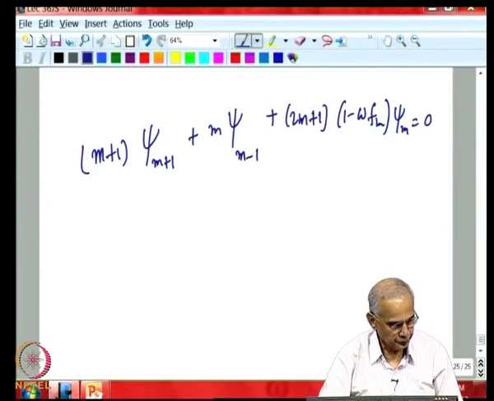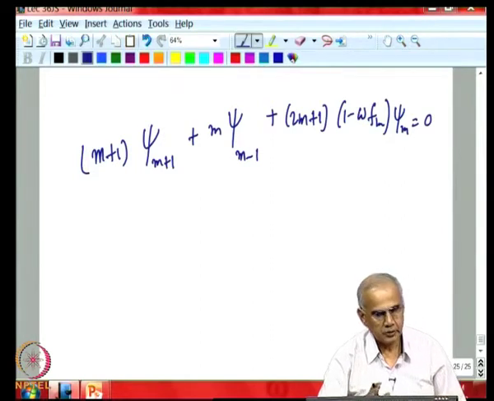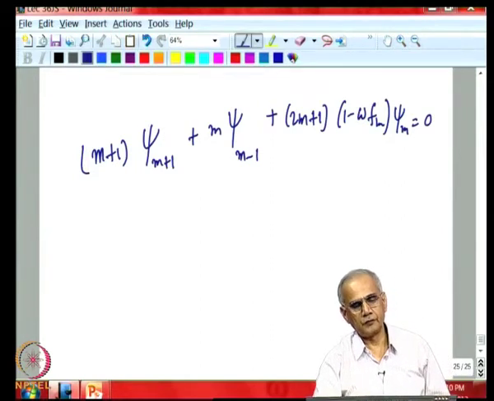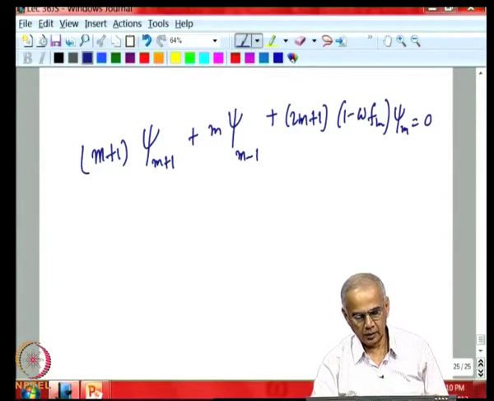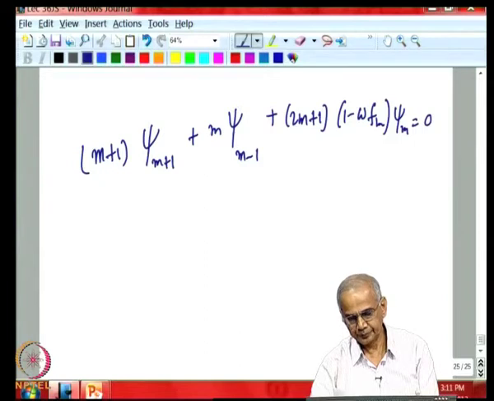Now, this is a set of simultaneous equations, which is fairly easy to solve using matrices and so on, standard techniques that are available today on the computer.